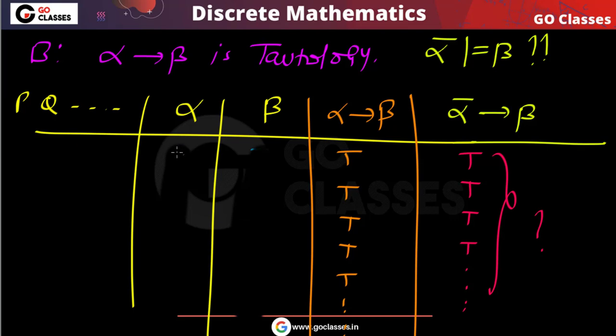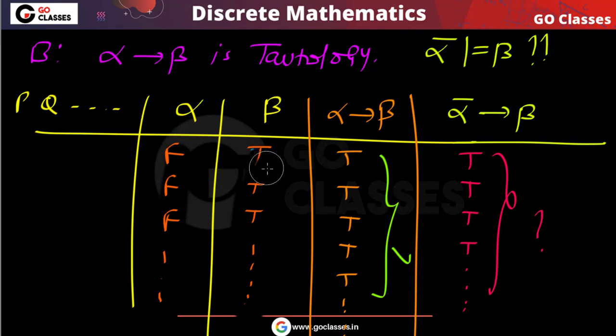Just think about it. We can do it like this: false, false, false, false, true, true, true, true. Now in this situation alpha implies beta will be a tautology, but here alpha is false, so alpha bar will be true. Just make this also false.